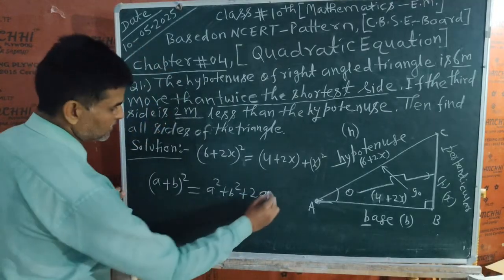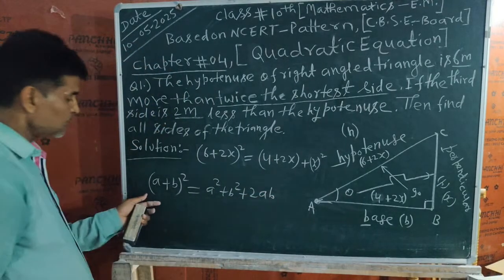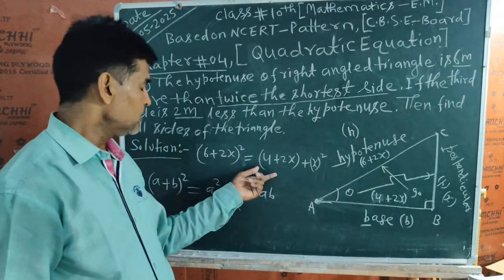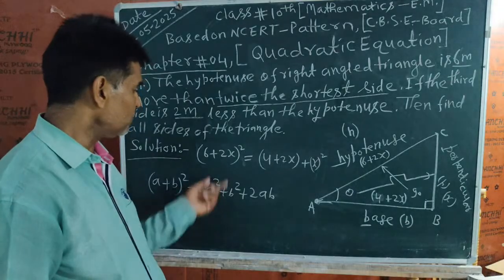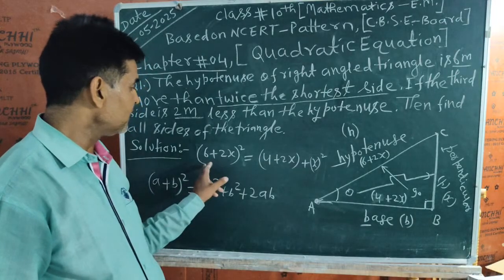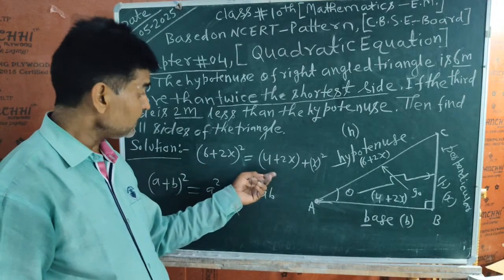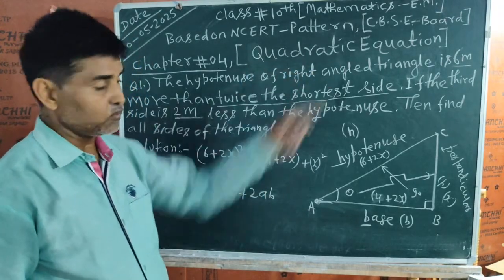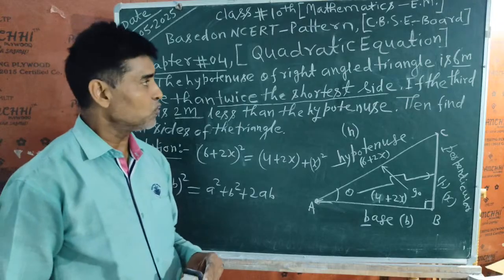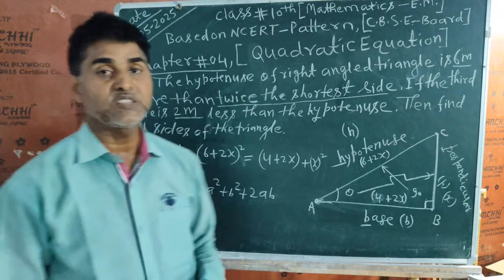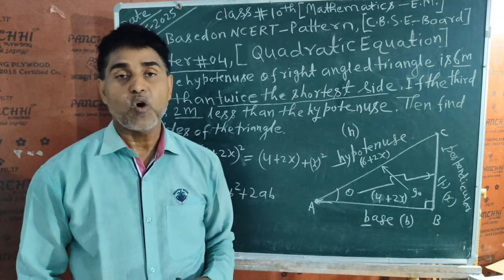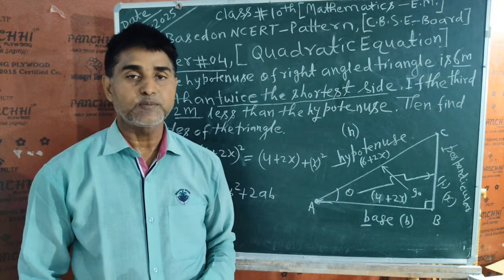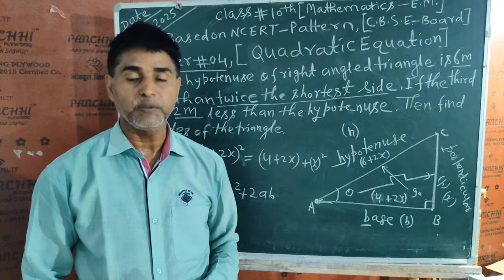This concept I have to use in the above identity, because then I will simplify the given information, and after simplifying I will get a quadratic equation. In a quadratic equation there are three conditions, and all these three conditions I have already explained in the previous chapter.